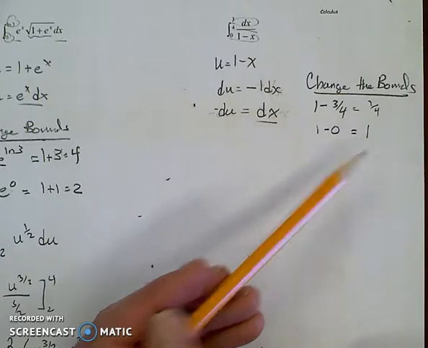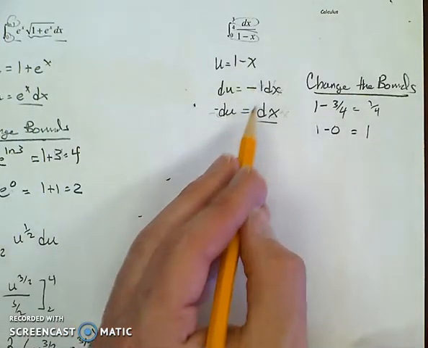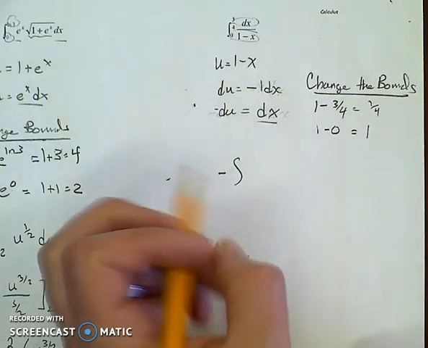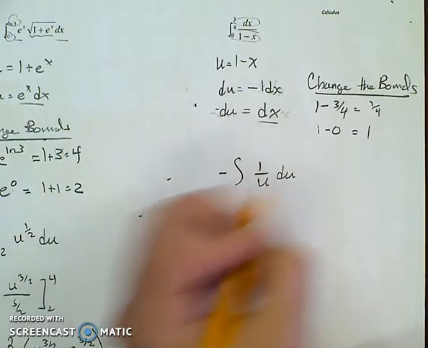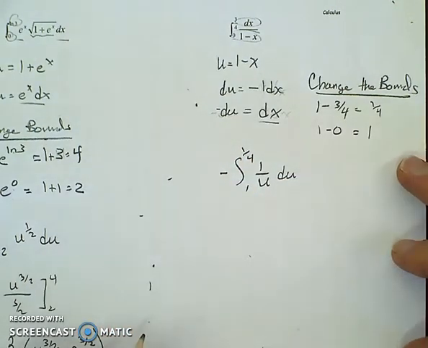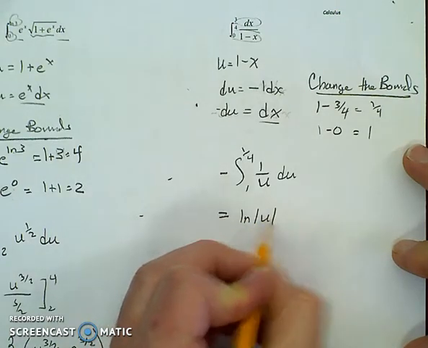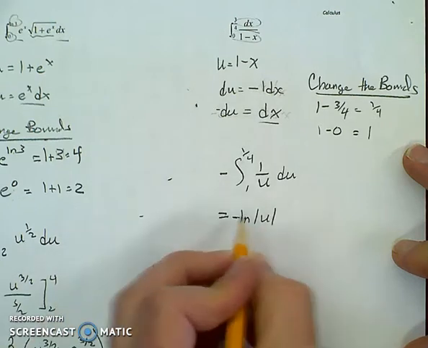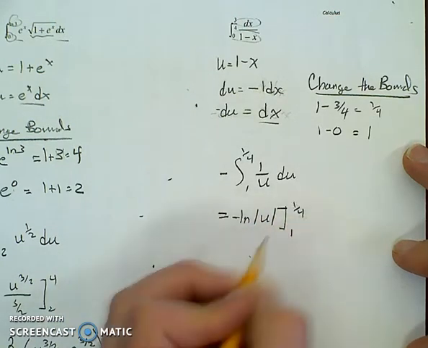Do not get confused by that. So we're going to get negative integral, due to that negative right here, of 1 over u du from 1 to 1/4. And we know the integral of 1 over u is the ln of u. Negative of that, you get it? Negative ln of u from 1 to 1/4.